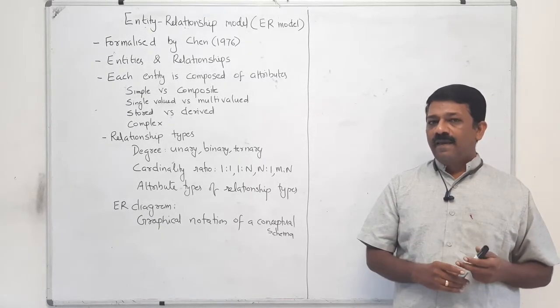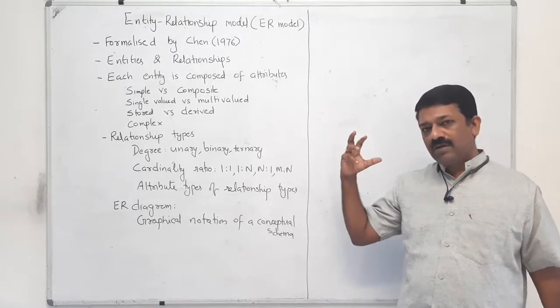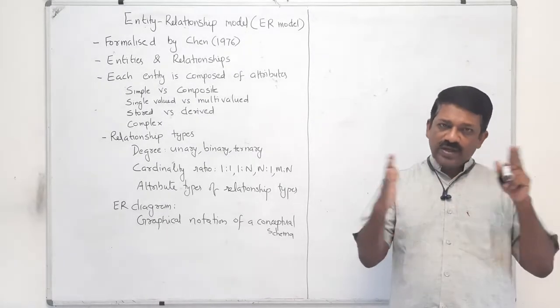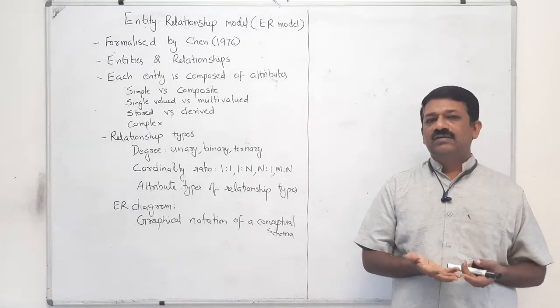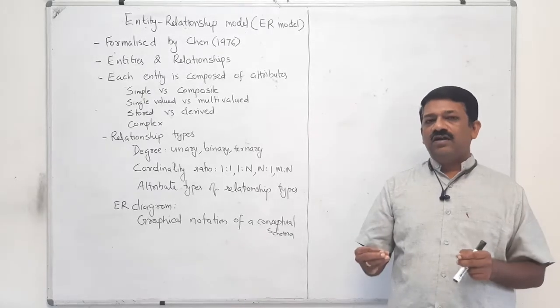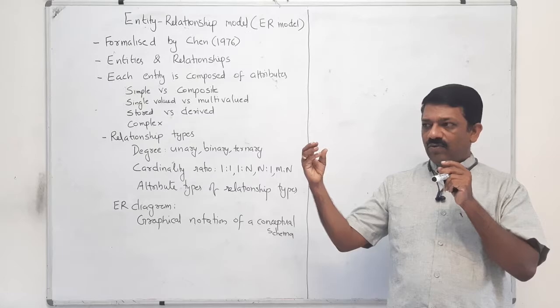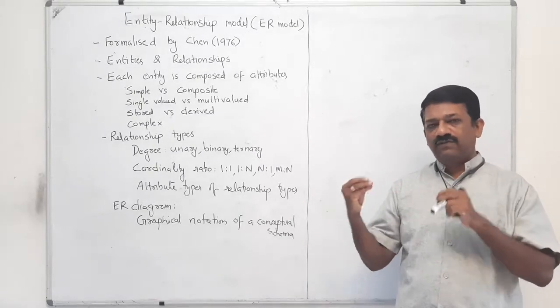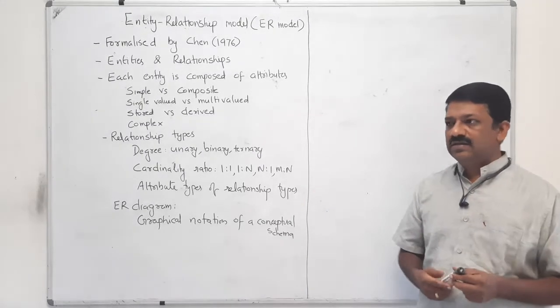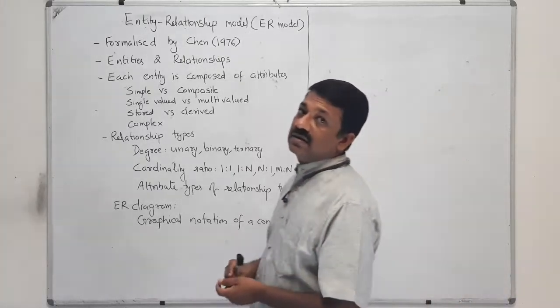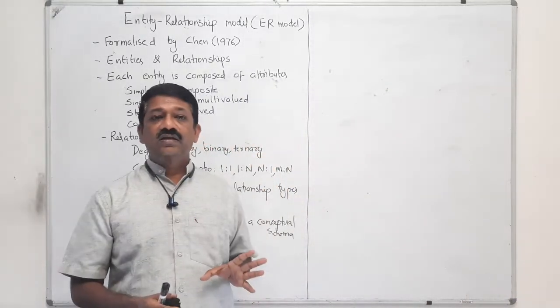For example, if you are considering your college, then students form an entity, teachers or faculty form another entity, administrative staff in the office form another entity, then classes are entities, rooms are entities.